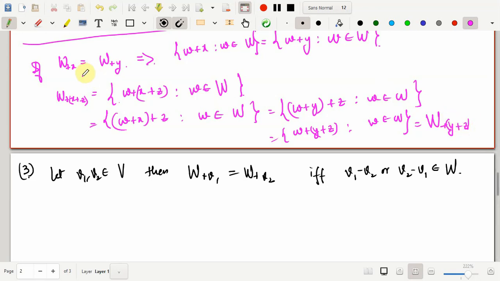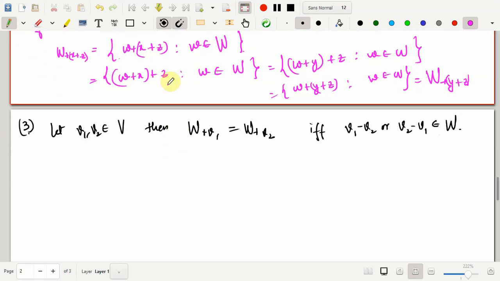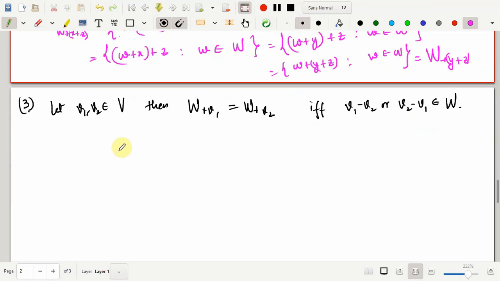So if the coset generated by x in W is the same as the coset generated by y in W, then the coset generated by x plus z in W would be the same as the coset generated by y plus z in W, and this goes on. This idea we will be using here, and that's the reason I wanted to mention it before I start the proof of this.